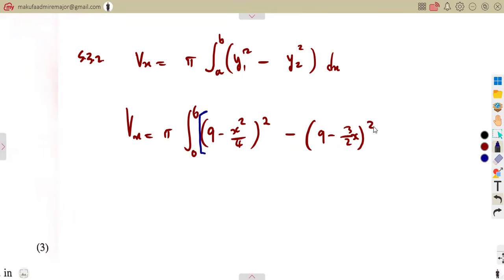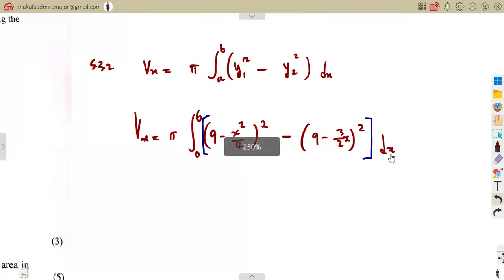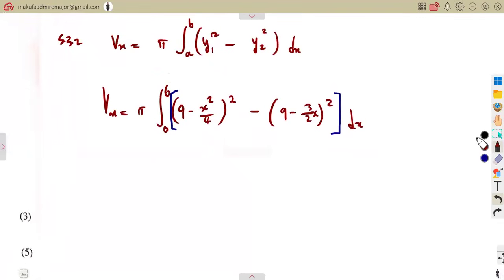So we must expand these brackets so that we can integrate. So you go back to the expansion of the brackets, 2 brackets, or use your laws, the A minus B squared concept. Remember the A minus B squared concept, which is equal to A squared minus 2AB plus B squared.